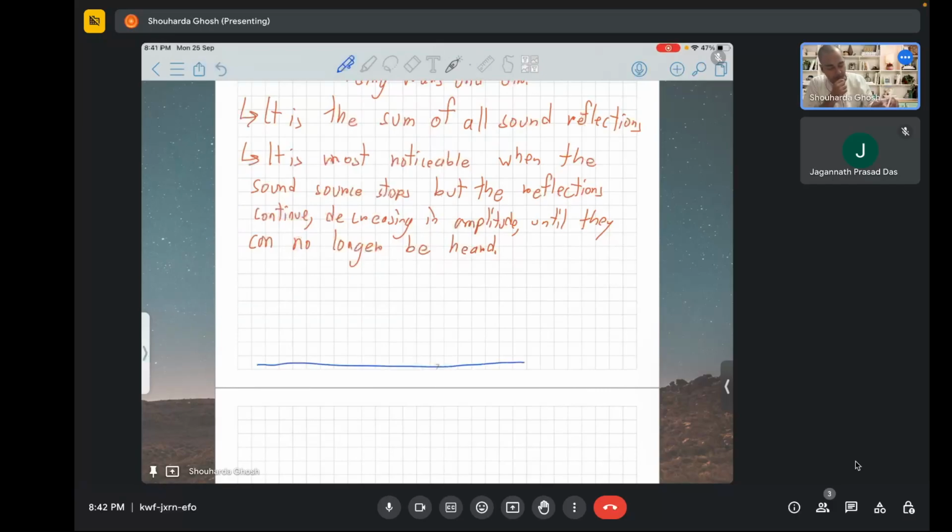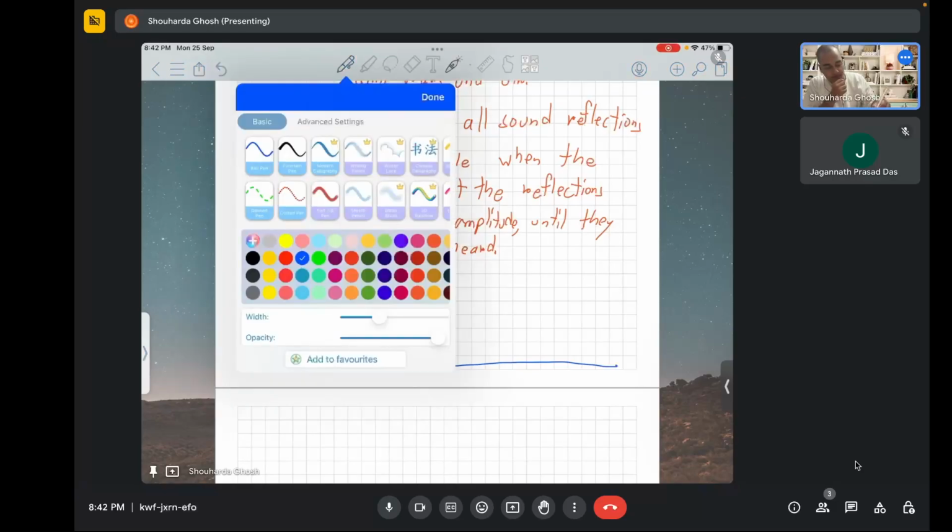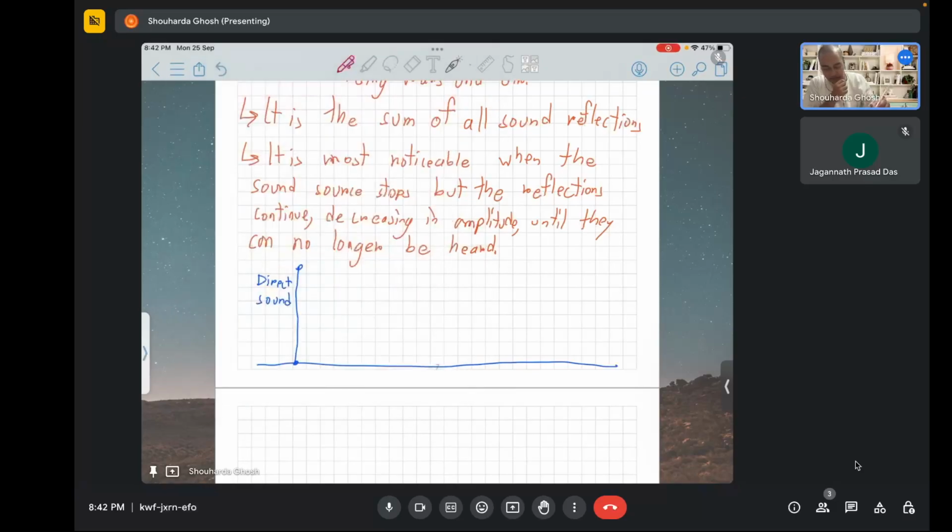Okay, so let's suppose I give an input sine wave at an instant of time. It's not a sine wave, an impulse. So this is my direct sound. The one that I get immediately after is my earliest reflection.